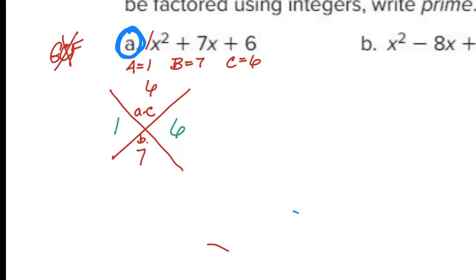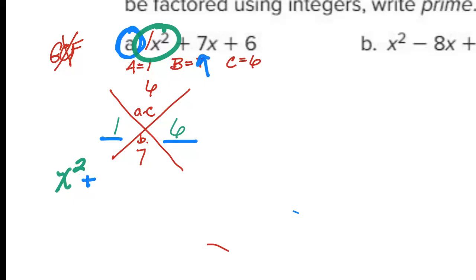So I rewrite this trinomial. I'm going to do the first term first. So that is x squared. Now, I'm going to write these middle two because I know 1 plus 6 gave me this 7.